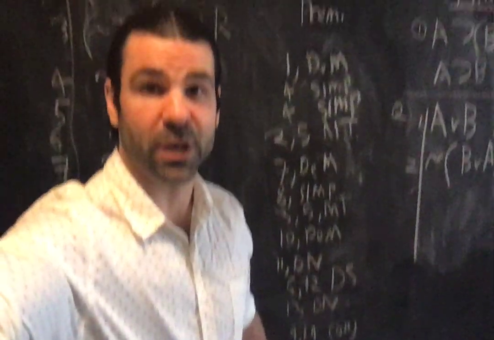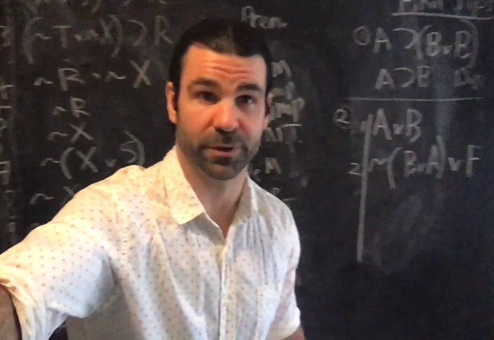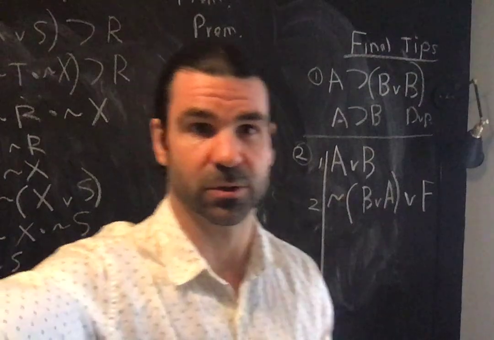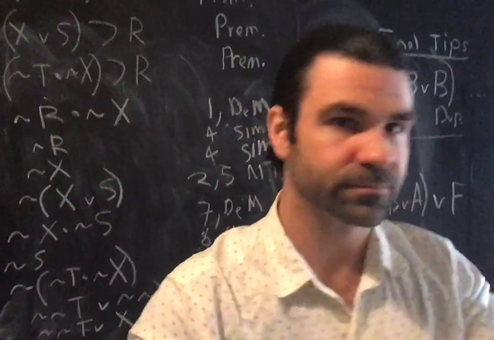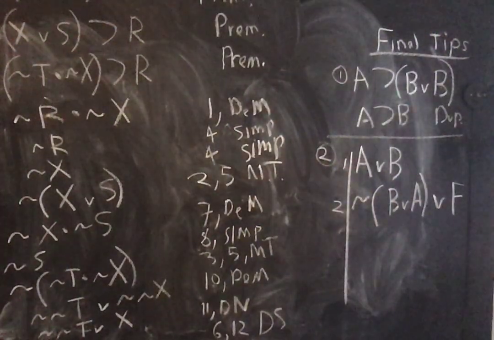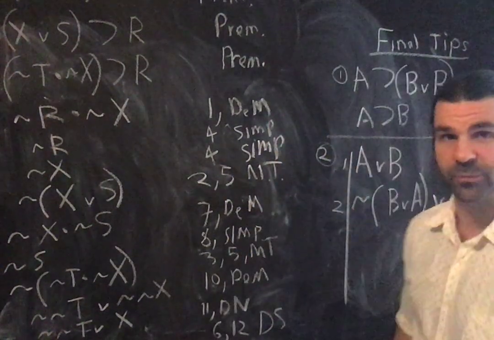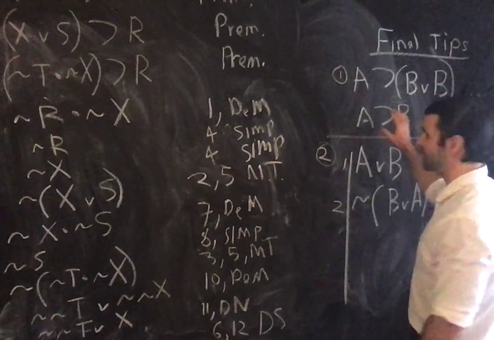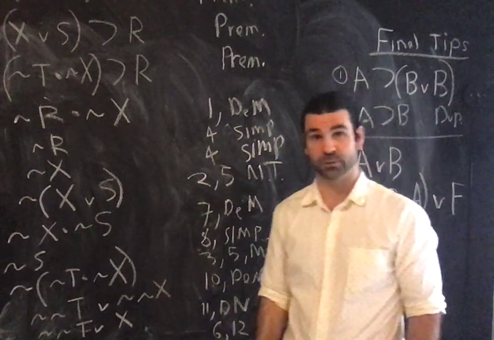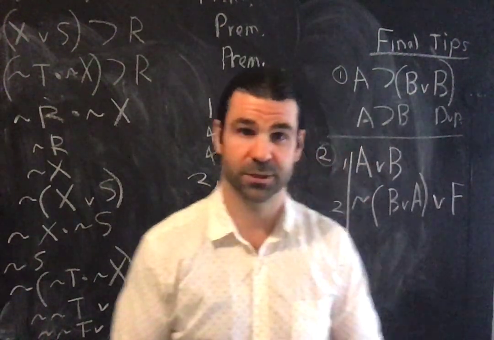Now I want to end with a couple of final tips for you for the exam. Okay, so over here we've got just a couple of moves you should be familiar with, you shouldn't be scared of, right? Don't forget the rule of duplication, DUP.